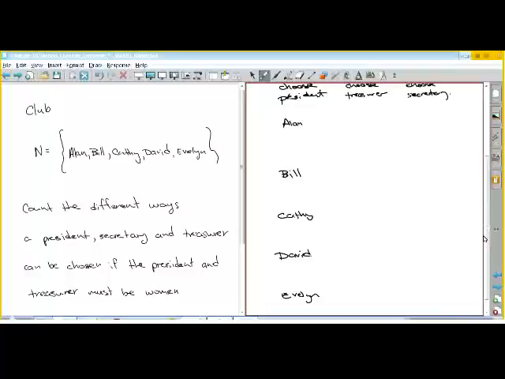So once Alan has been chosen as the president, then the number of people that we can choose for treasurer has been reduced by 1. And I'm going to use letters here because it's going to get too complicated. So once Alan is chosen, when we choose a treasurer, we have Bill, Kathy, David, and Evelyn. Okay, so you can do the same thing for all of these others.